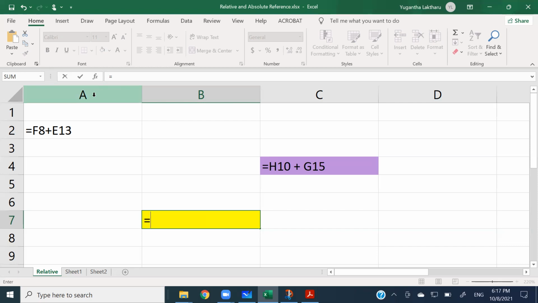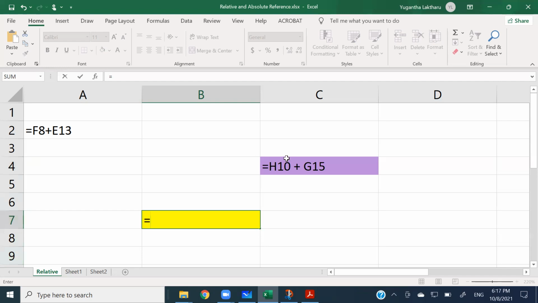So that means when you are copying it to your left, the letter should be reduced. Same goes with the numbers. When we are moving upwards, numbers are being reduced. So in a formula, numbers should be reduced. When we are going downwards, numbers should be increased. So in a formula it goes the same way, right?